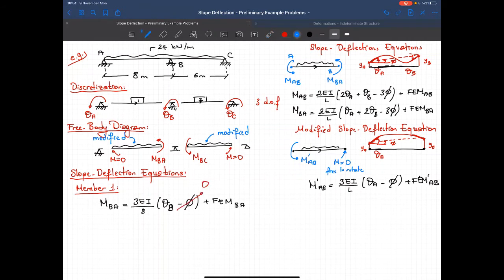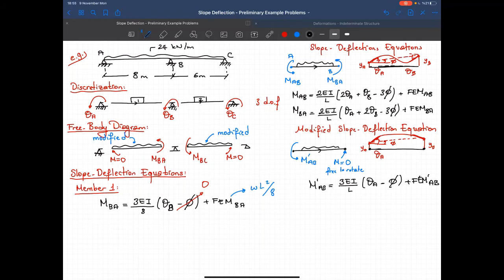And if you work on this problem for this given uniform distributed load, you will find out that the fixed end moment BA will be equal to wL squared over 8.